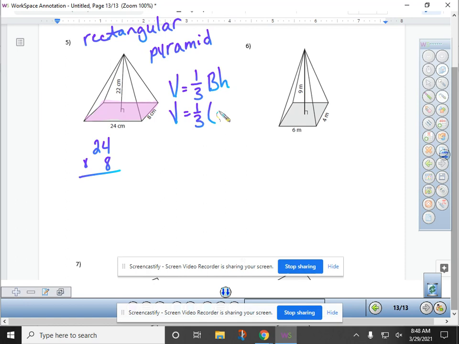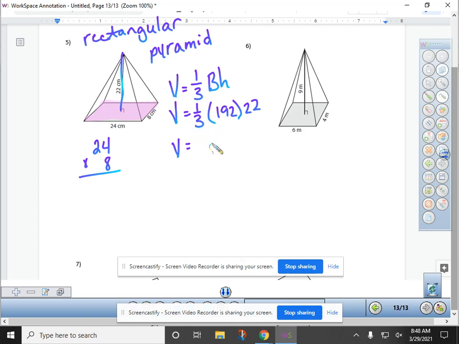What is it? 192 times what is the height of the whole thing? 9. You can divide 192 by 3. How do I know that? Add them all up. That's right.